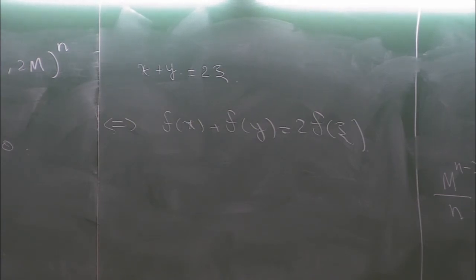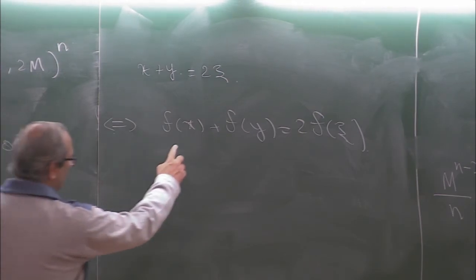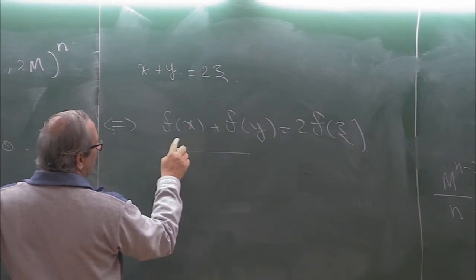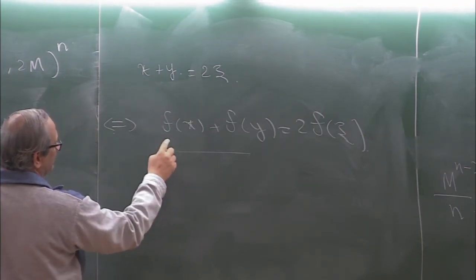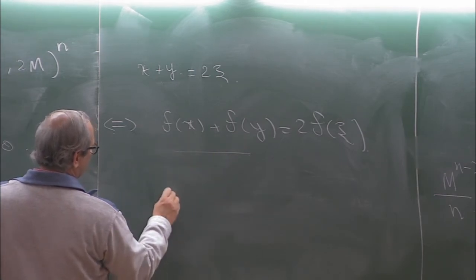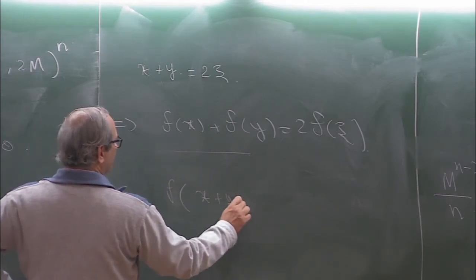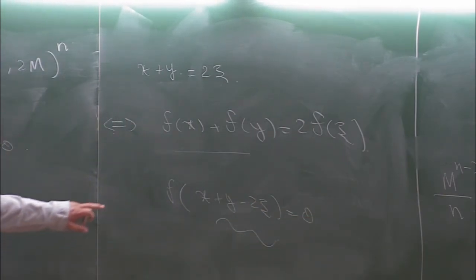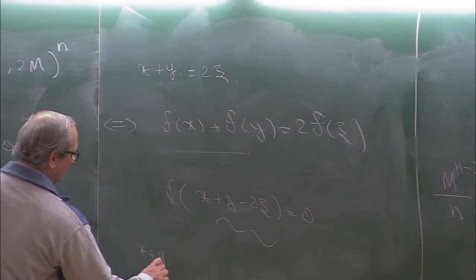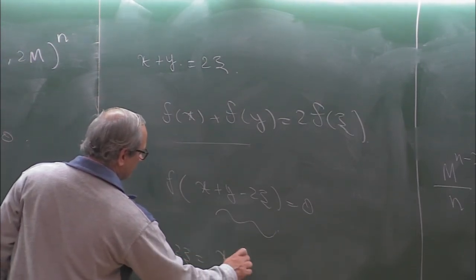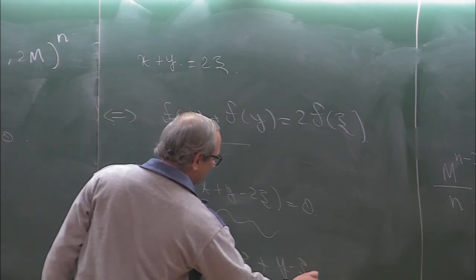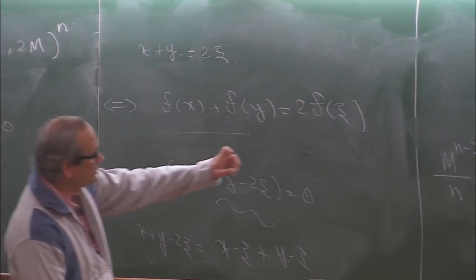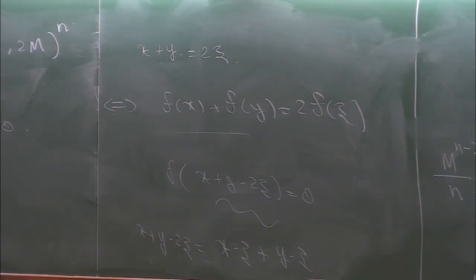Now why is it equivalent? Because f is R linear, this condition reduces to x plus y minus 2z equals 0. Then use the fact that x plus y minus 2z is x minus z plus y minus z, and x, y and z belong to S, and S contains only points whose coordinates are in 1 to m.